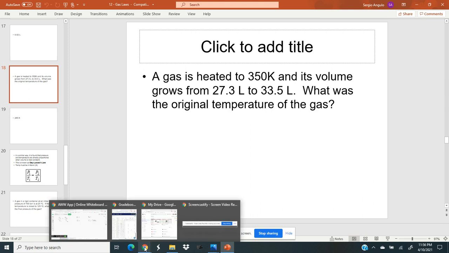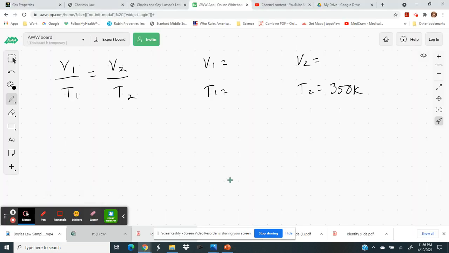It started at this volume and got to this volume when we heated it to 350. What was it originally at? That's what we're looking for.